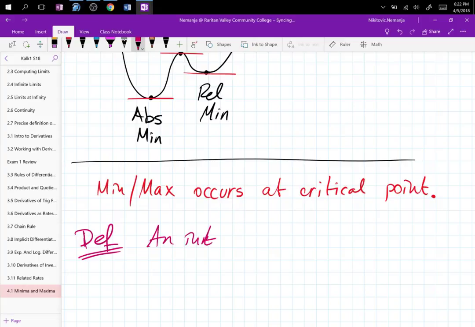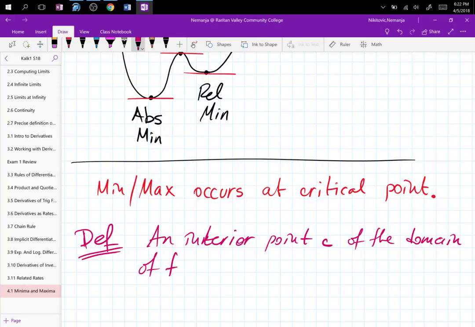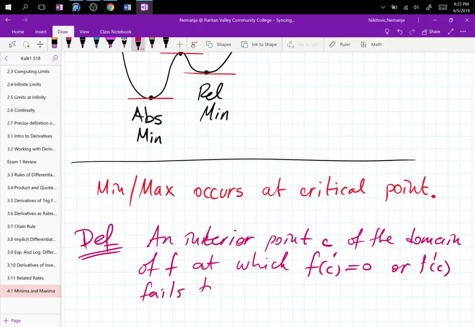An interior point c of the domain of f at which f prime of c equals 0 or f prime of c fails to exist is called a critical point.